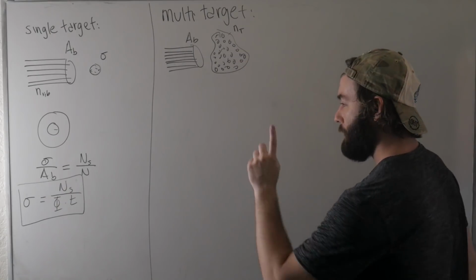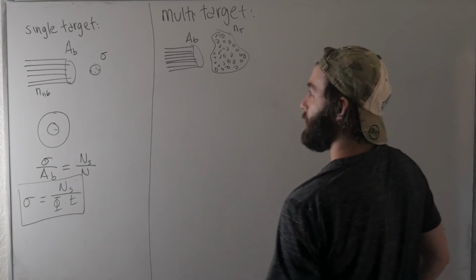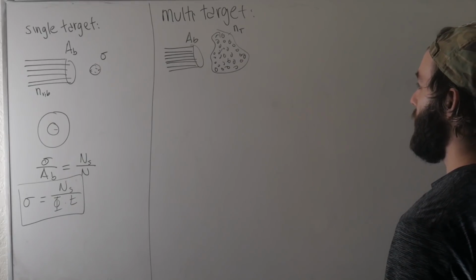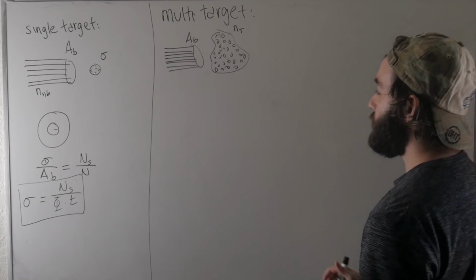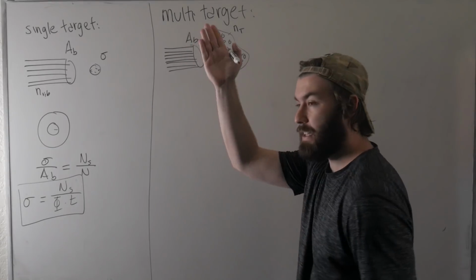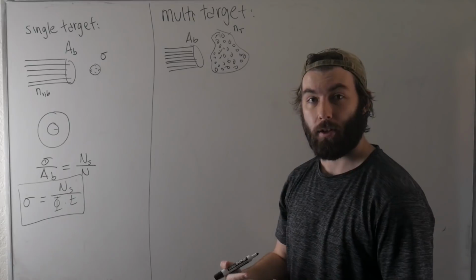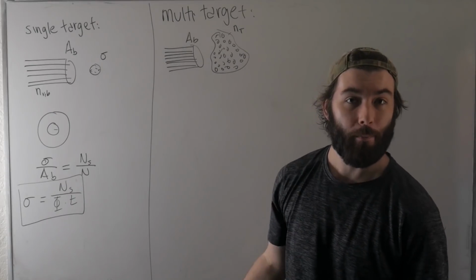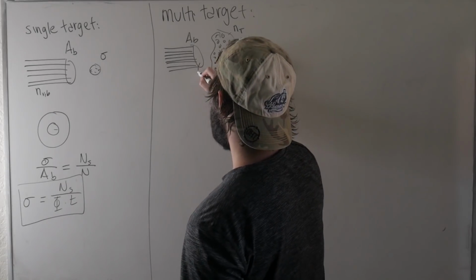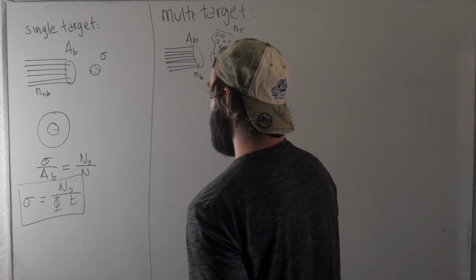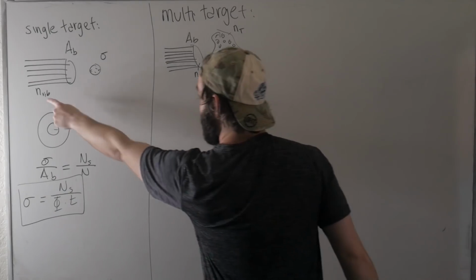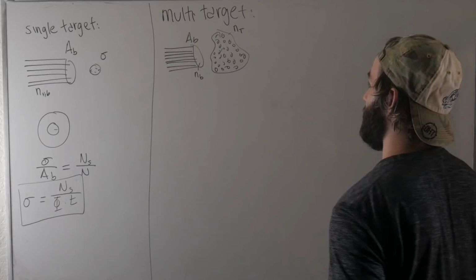No subscript means that it is a surface density in this case. Okay, and we're also going to talk about if we take a slice of our beam at a certain time, that's going to have a certain density of the beam particles. So this will have some surface density NB. Again, different from this. This is volume, this is surface. Last time I'm saying that.